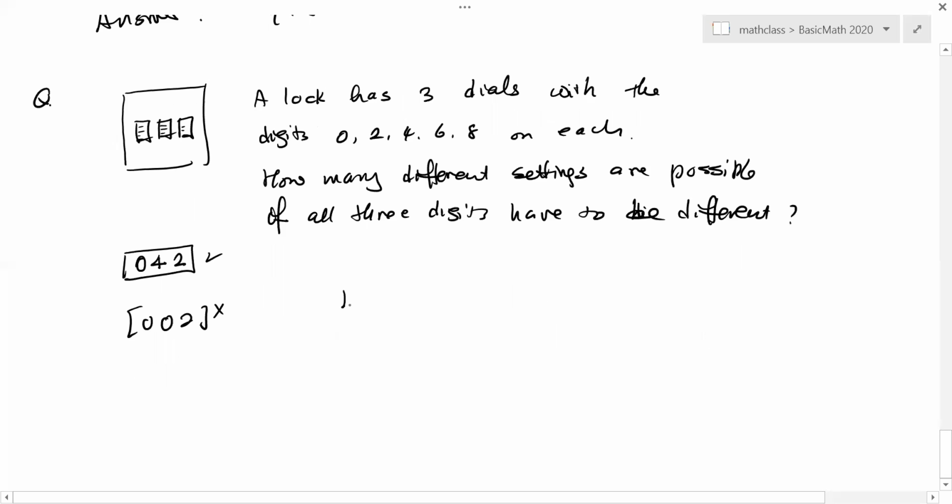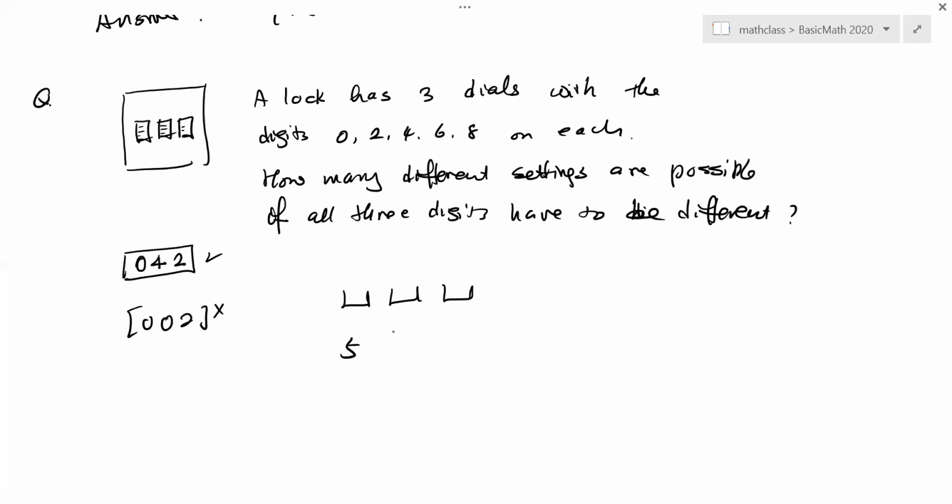So you have 3 steps, right? First step, you set the first one. You have 5 choices. This is different from the 3-digit integers. With the 3-digit integers, the first one cannot be 0, but here the first one can be 0, so it's 5 choices.